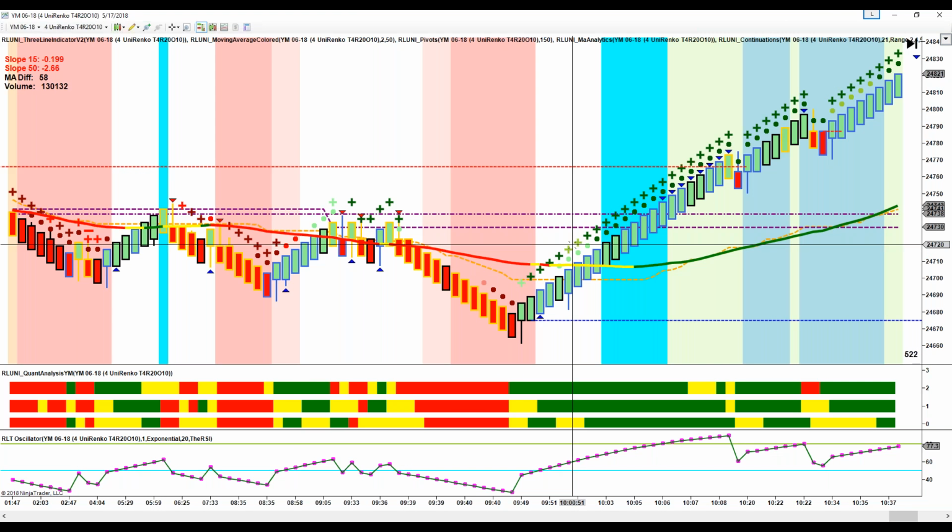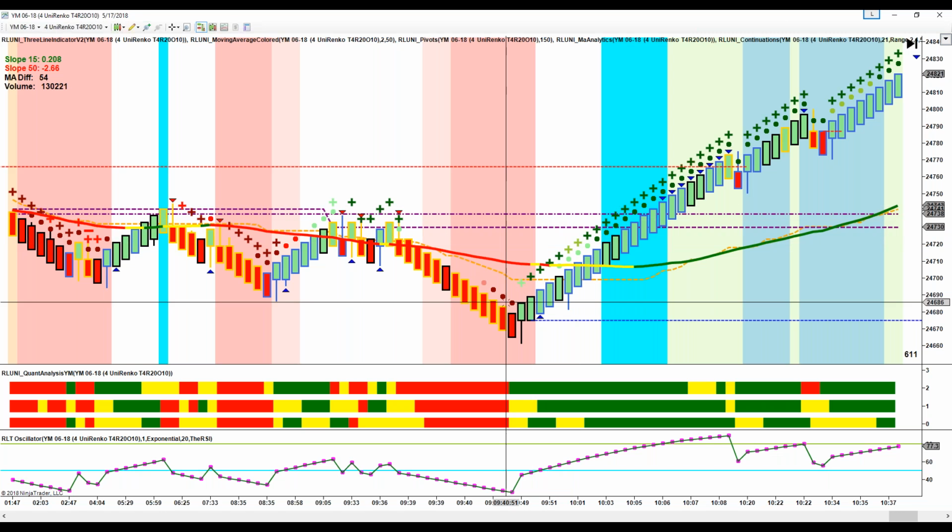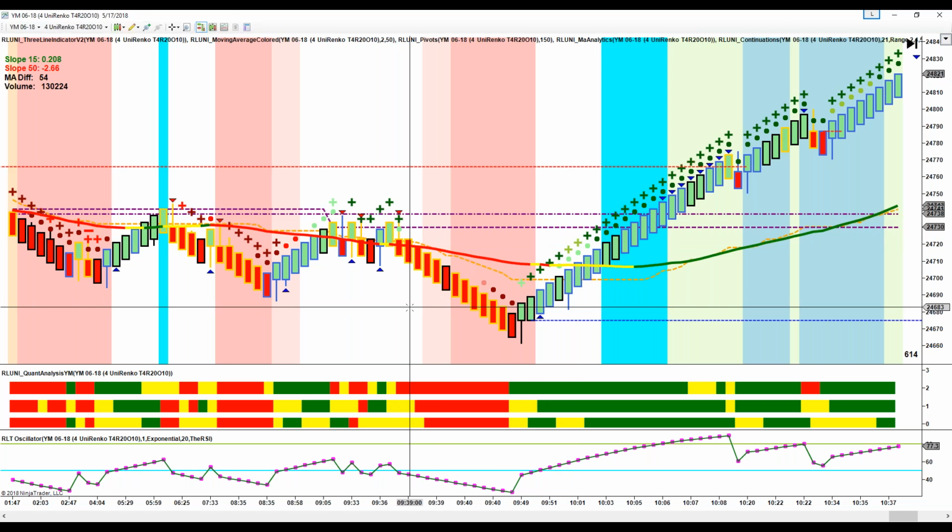And it's not the question of the direction, it's a question of whether or not we're going to lose it on the wick. If you noticed, we never traded into a candle that gave us a subsequent reversal candle. The worst we got was a candle that gave us a wick.